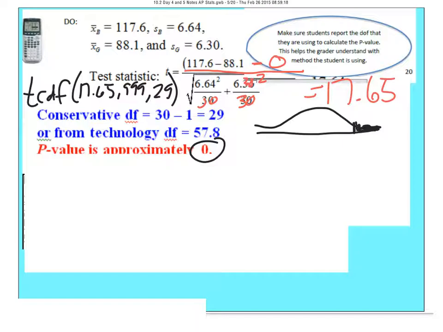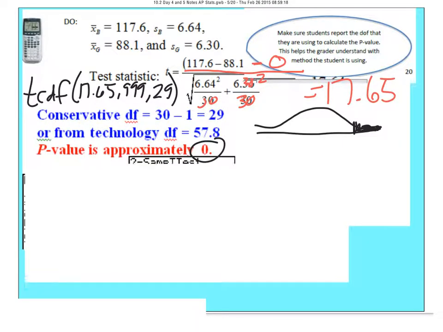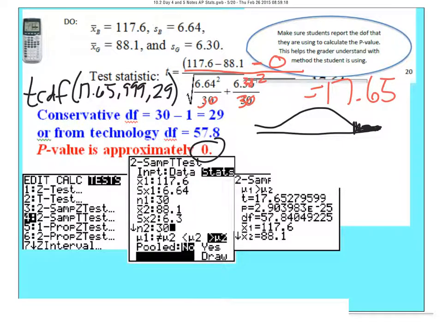Now, if you use the calculator, and again, of course, I recommend it, here are the calculator screens. We're going to go to Stat Tests, and we're going to choose the 2-sample t-test. You can either input the raw data in list 1 and list 2, or your statistics. The stats, again, are the mean, standard deviation, and sample size of 1, and that of 2. Pick the actual hypothesis that we're doing.